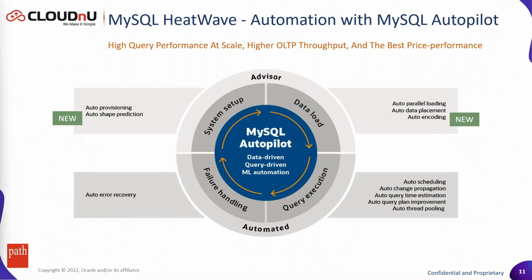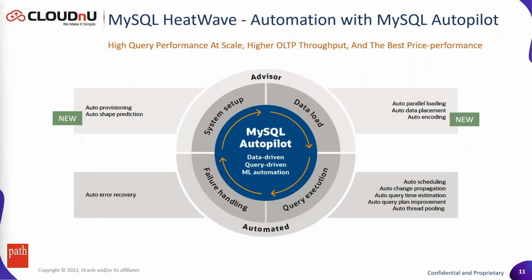MySQL Autopilot uses auto provisioning to predict the number of HeatWave nodes that is needed for a workload based on how large your data is. Say you have 6 terabytes of data in your MySQL database, and you want to do machine learning and analytics.